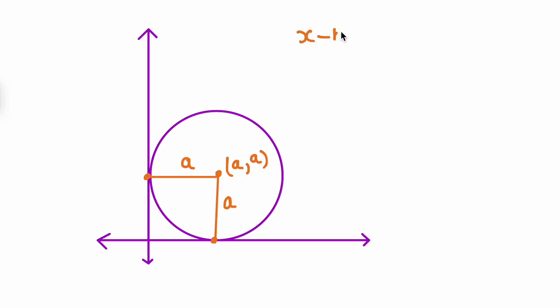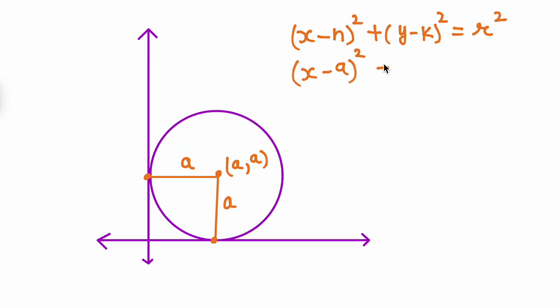If the general equation is x minus h whole squared plus y minus k whole squared is equal to r squared, then replace h with a, replace k with a, replace r with a.